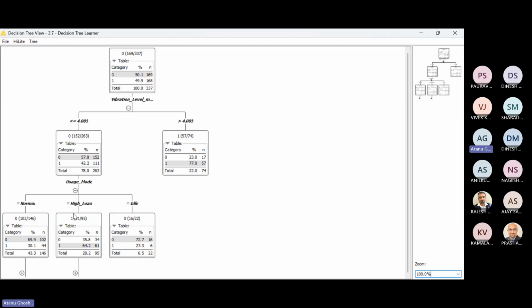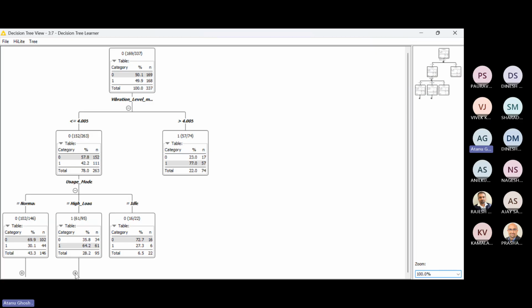Okay, but what about this? You see that if the vibration level is less than 4.005 and the usage mode is high load, then there's a 64% probability the machine is going to fail. There's a 35% probability the machine is not going to fail.